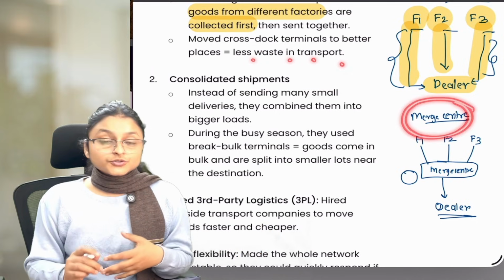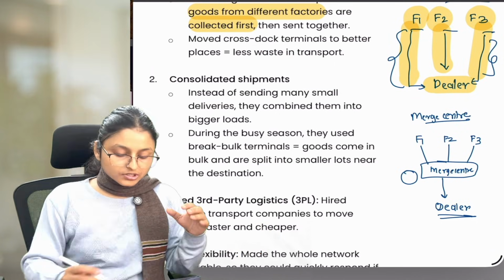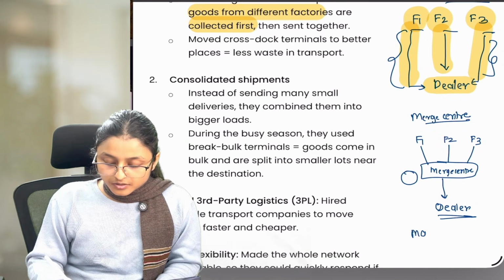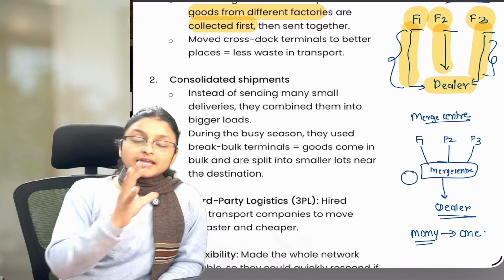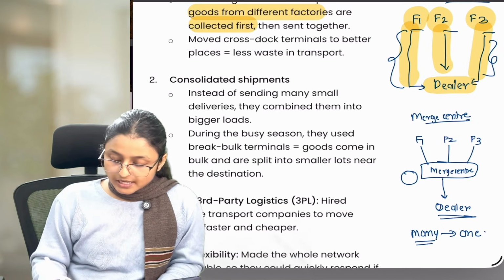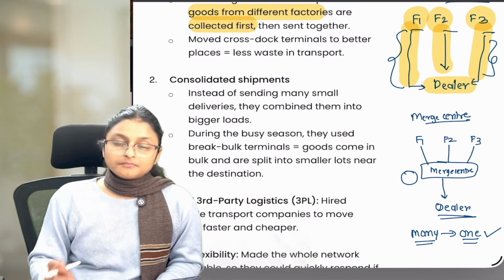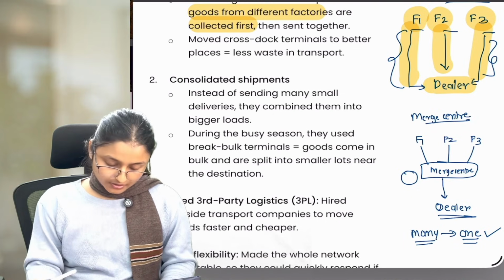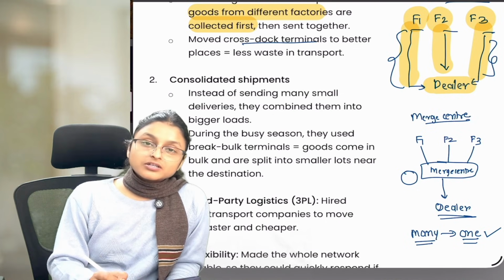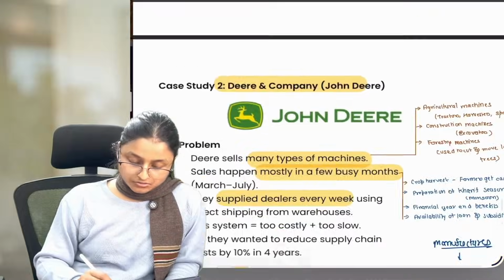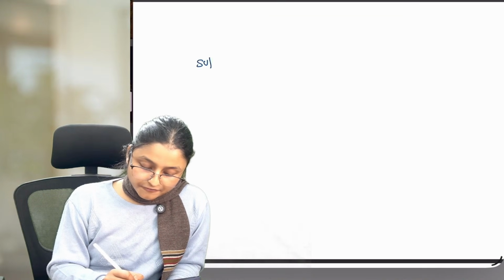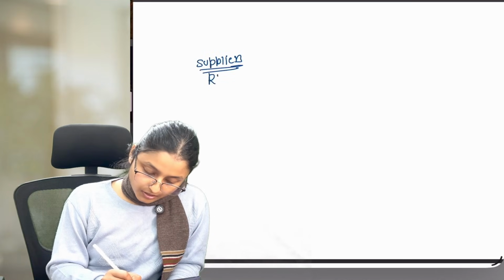For now, we understood what is merge center. If you notice, what is happening here? Many to one. That means we are taking goods from many factories and providing to one dealer by merging all the products together. Now, what is cross dock terminals? We have understood earlier also in Walmart's case that there are different suppliers of our raw material.